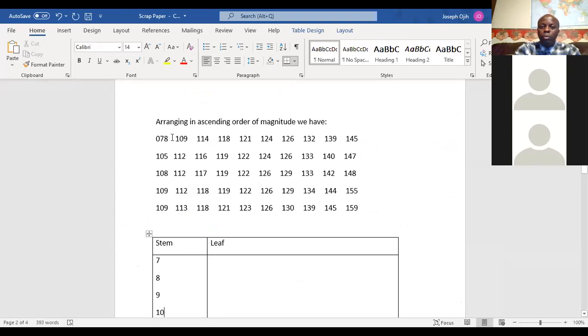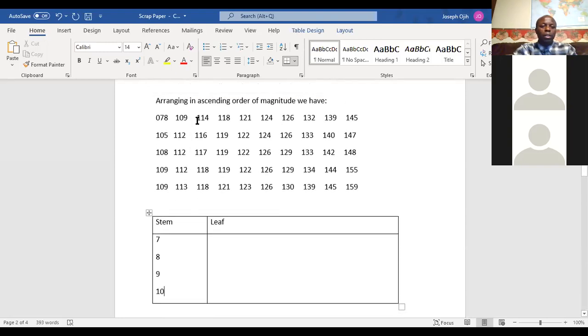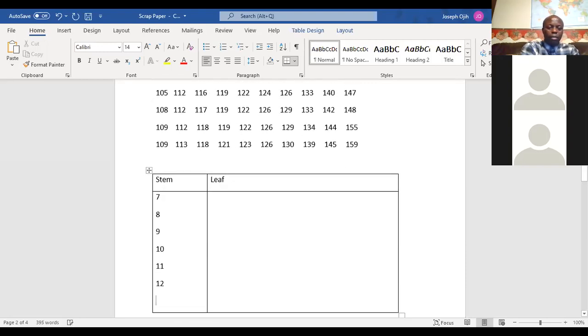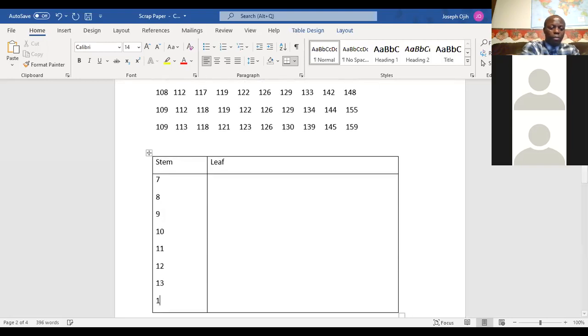But the next thing you see is 10. You still have to put those numbers to show that you get 8 and 9 before you get 10. If you look at the last one, 159, the first 2 digits are 15. So it goes from 7 to 15: 11, 12, 13, 14, 15.